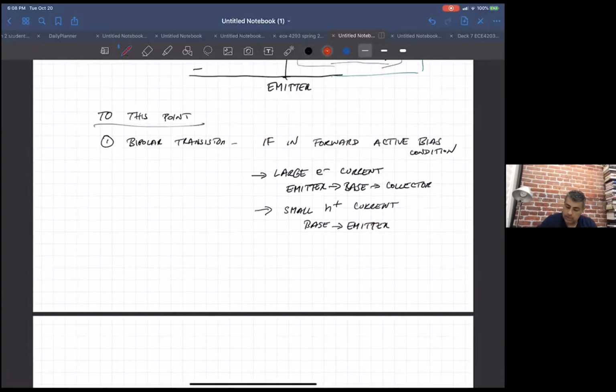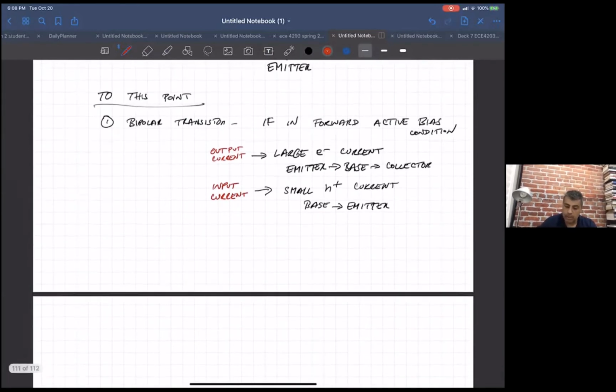So this is like the output current, a large electron current, and the input current going into the base is a small hole current. Okay, so we know this so far.